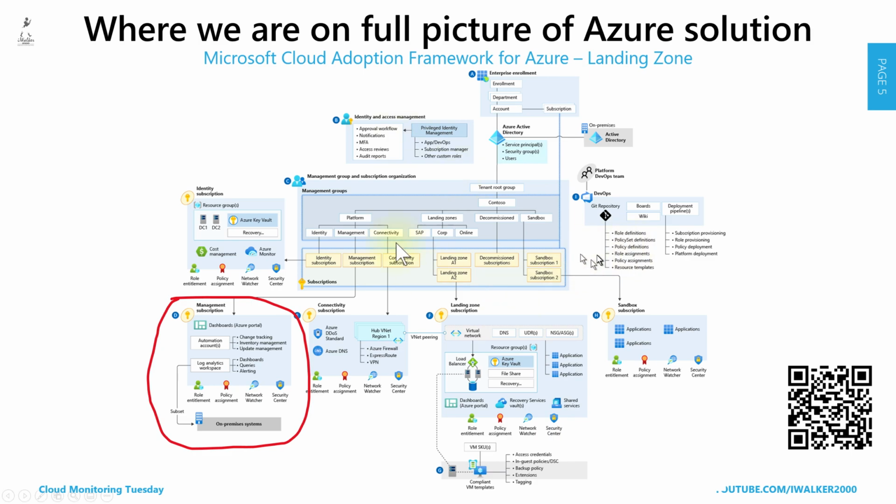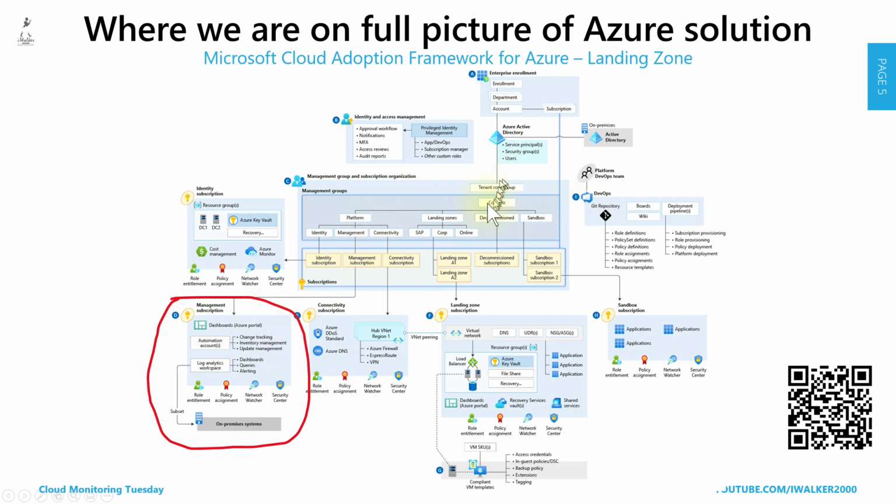We don't want to put them in the landing zone or workload subscription, because if it is destroyed or rebuilt, it's possible that you will lose them. But when you have it separately, you can manage it easily.